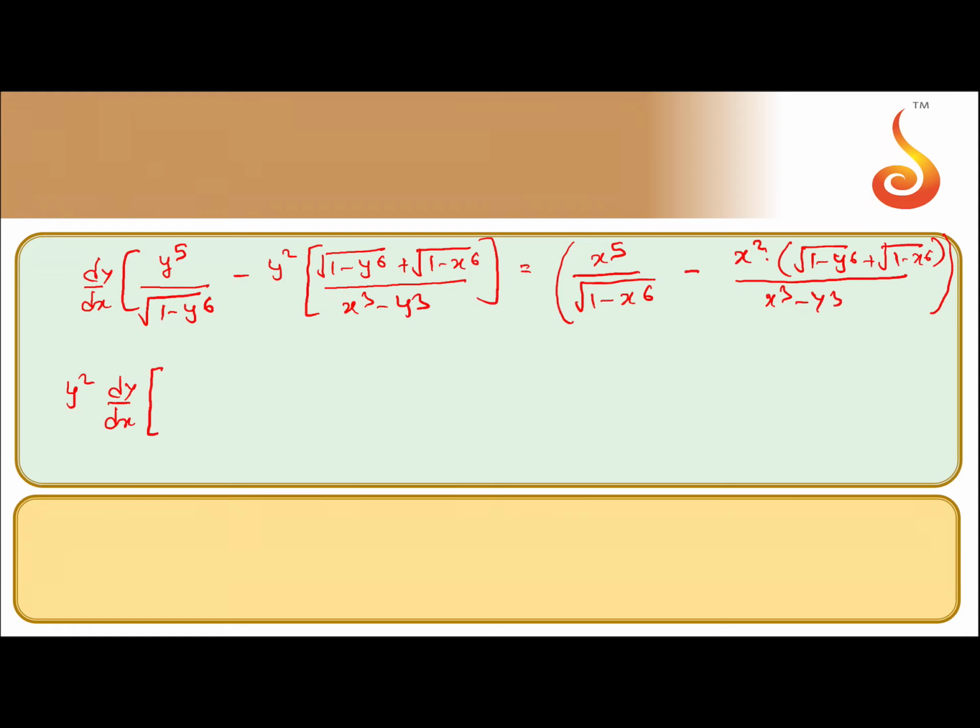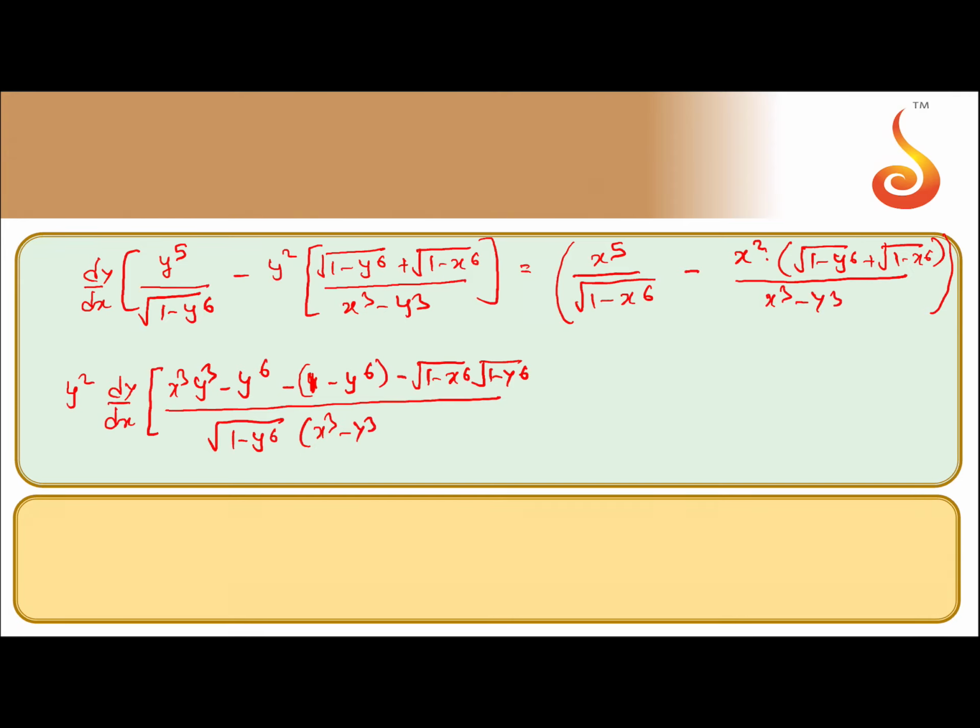Inside the bracket is y cube, so we get x cube y cube minus y to the power 6 minus, y square we've already taken, 1 minus y to the power 6 minus under root of 1 minus x to the power 6 under root of 1 minus y to the power 6, whole divided by under root of 1 minus y to the power 6 and x cube minus y cube. Okay, so close the bracket.